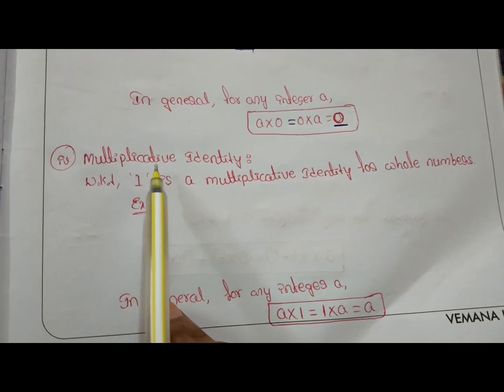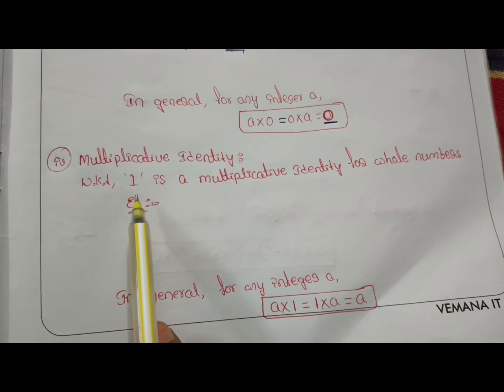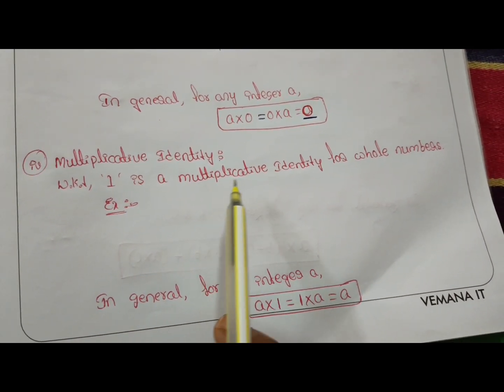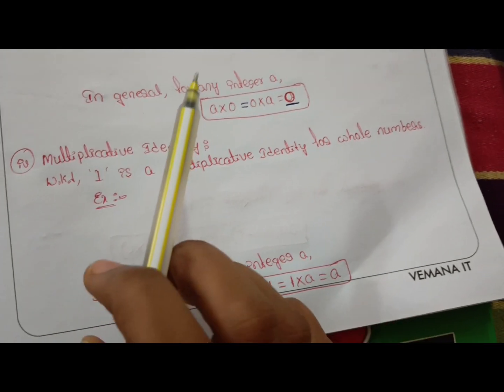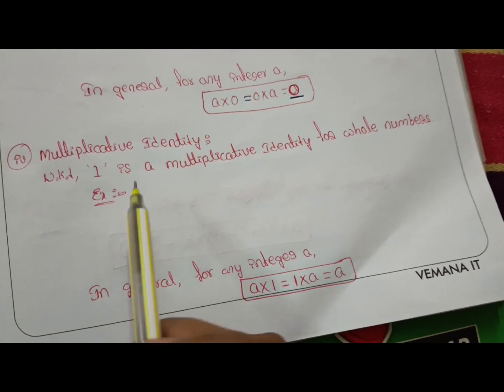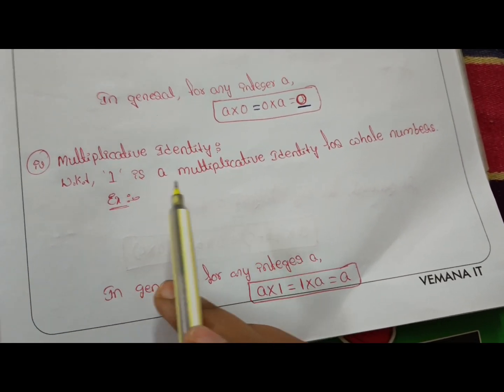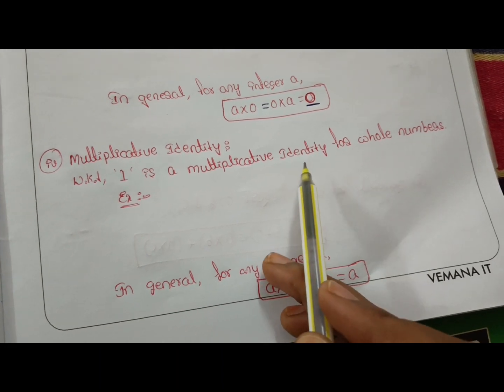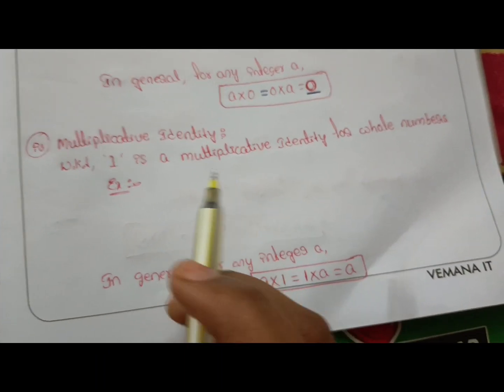Next property, multiplicative identity. We know that 1 is a multiplicative identity for whole numbers. In your previous class, you studied this. Let's check whether 1 is a multiplicative identity for integers as well or not. I will take one example.